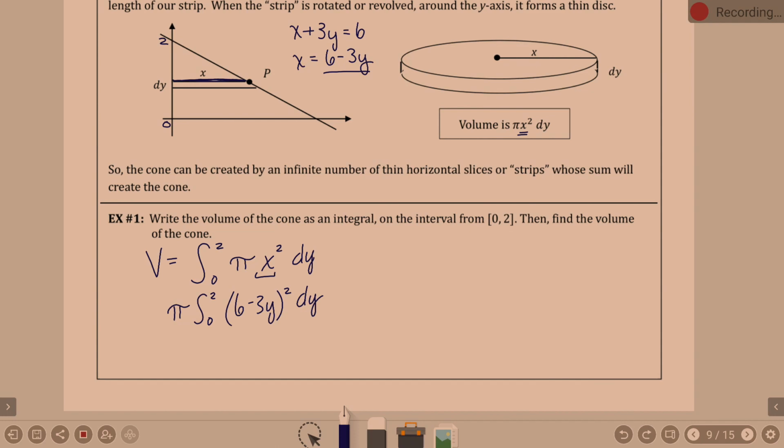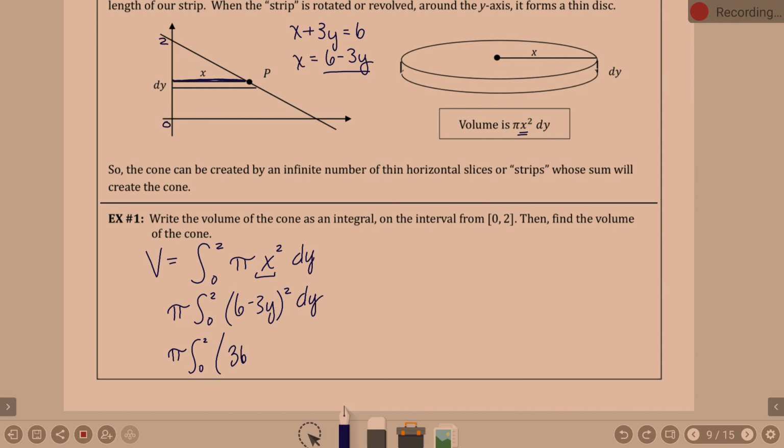How do we proceed here? Distribute, or foil, however. So if we foil this, first, 6 times 6 is 36. Outside, 6 times negative 3y is negative 18y.